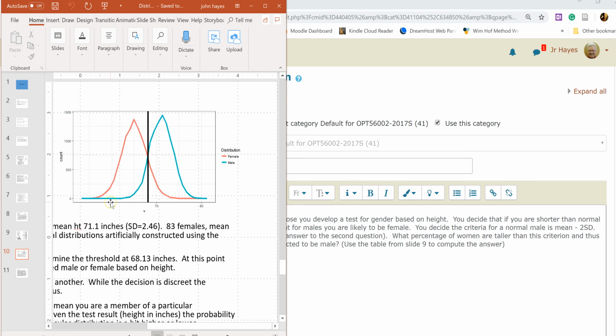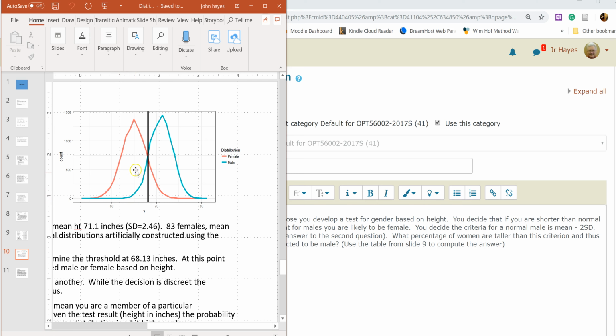We had a situation where this green or bluish line is the distribution of males. The mean is around 71, and 2 standard deviations is right about there. So you're down to about 2.5% of the males falling below this.